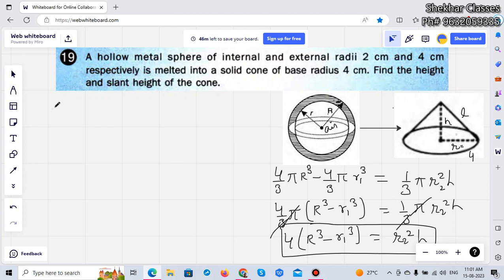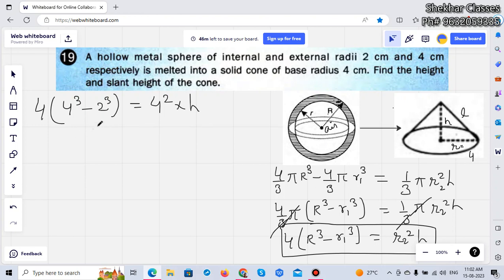So write it here. So 4, what is capital R? It is 4 in it. So 4 cube minus small 2 cube is equal to, r is what? 4 centimeter here. This is 4 centimeter. So 4 is square, right? And into h we have to find, because h is not given to you.